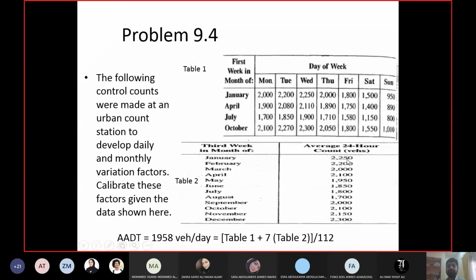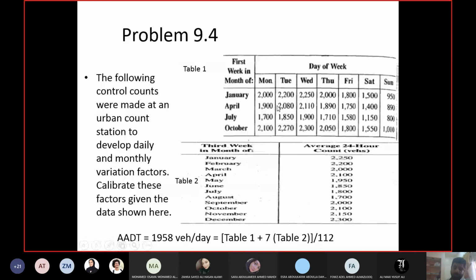Because each value is an average for 7 days. So when you are dividing with 112, then you must multiply each value with 7 as well. Each value in the first table represents 1 day of traffic, so I will just take it as it is.